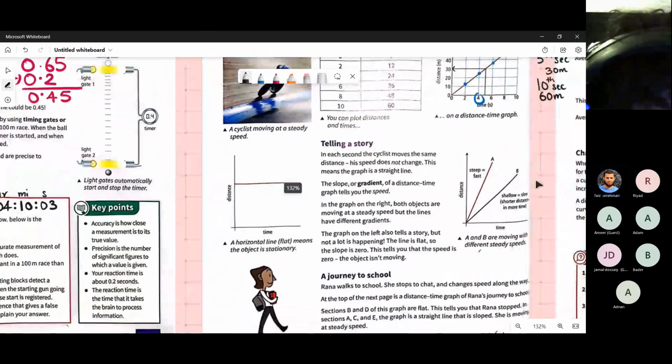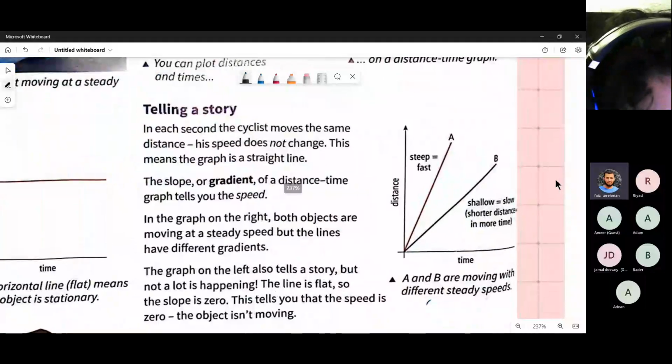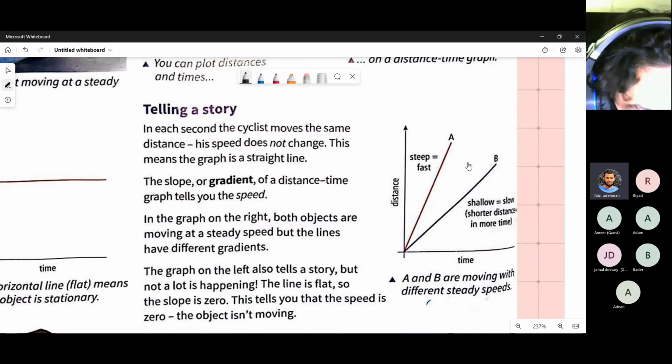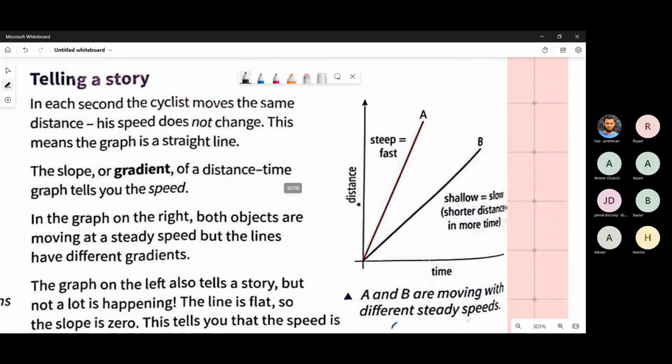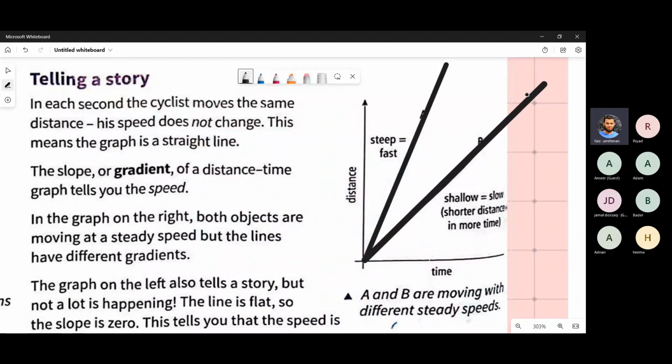Let's compare two graphs side by side. In this graph you have a line going here, and in the second graph you have the line going here.